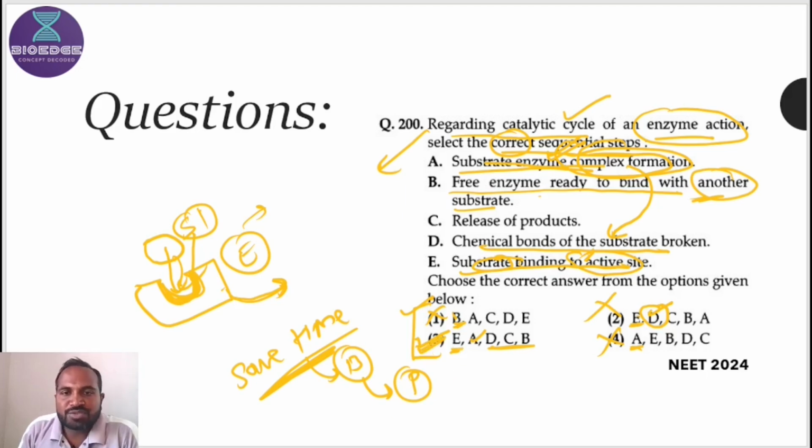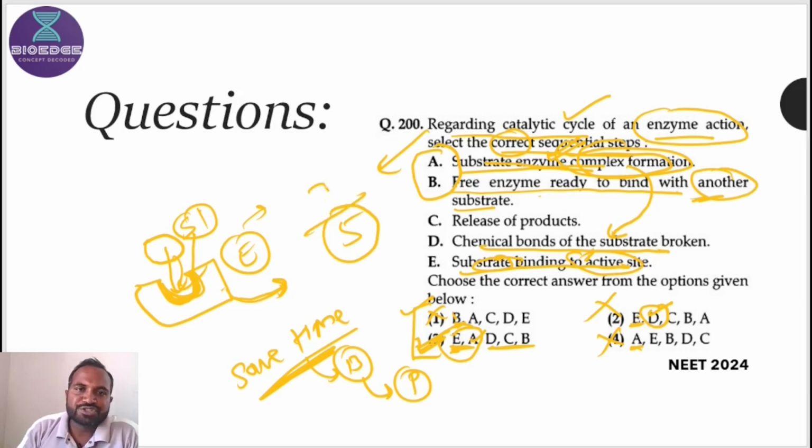But how did we get this correct option? On the basis of two statements. Is full knowledge required? There are 1, 2, 3, 4, 5 statements. Out of 5 statements, you solved this question based on knowledge of only 2 statements. So it requires approximately 40% knowledge. There is no requirement of 100% knowledge for solving MCQs.